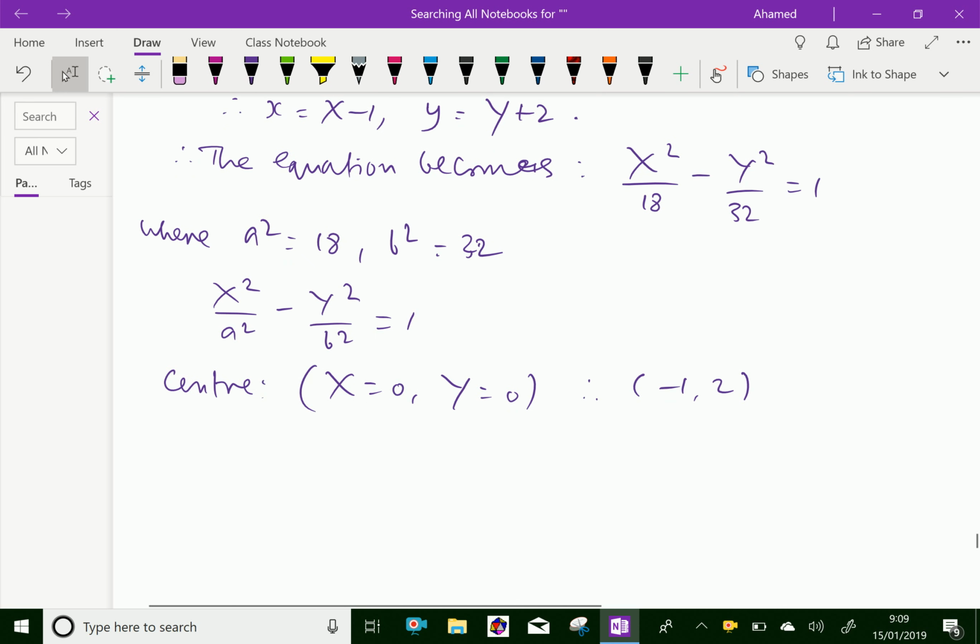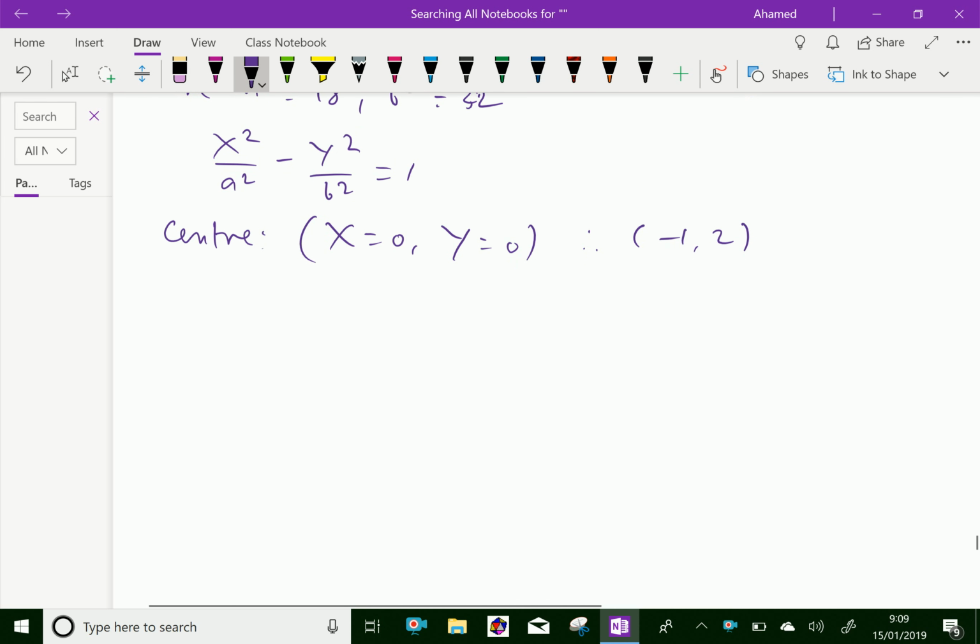Length of transverse axis equal 2a, which is equal 2 into a, root of 18, which is further equal 6 root 2.